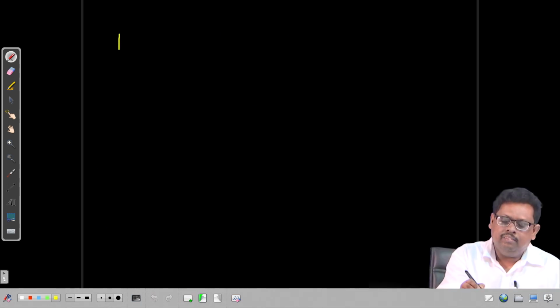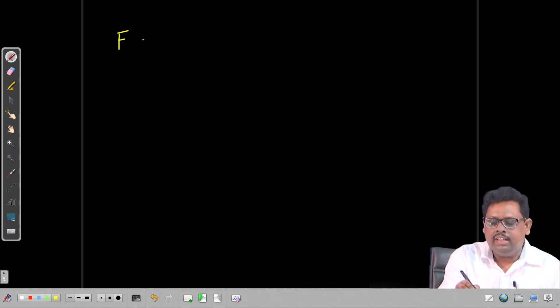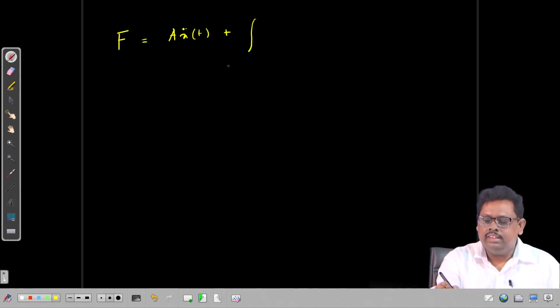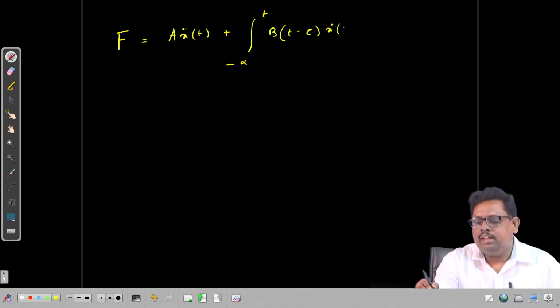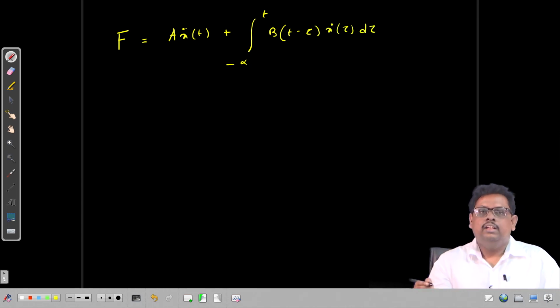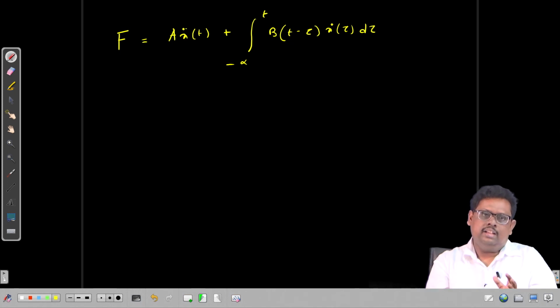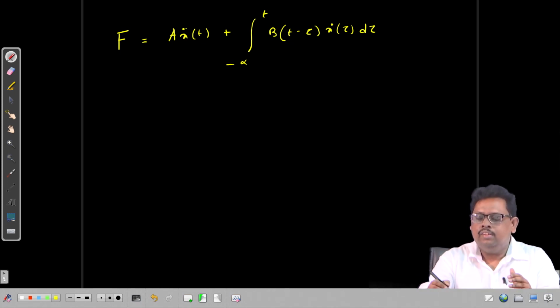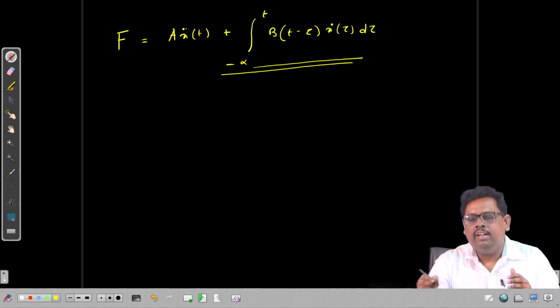So, finally, I can now write my radiation force F in terms of A into x double dot T plus a memory function, which is minus infinity to T of B of T minus tau into x dot tau into d tau. Unlike in the frequency domain, in general, we do not have this memory effect.